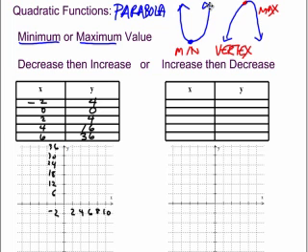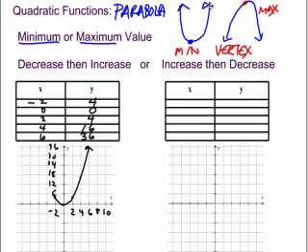And I don't have a lot of points to show this, but the first one shows you that it comes down, then it turns around and goes back up.